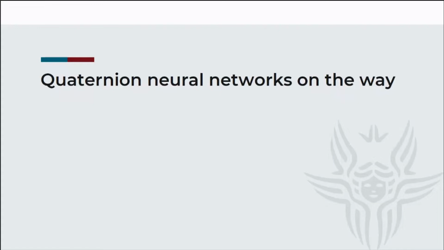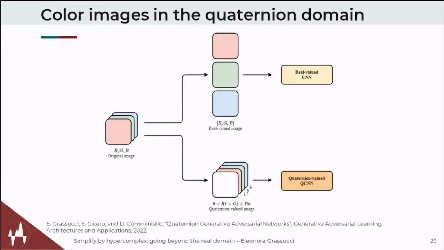Let's see some examples of quaternion neural networks, for example, in processing RGB images. Color images typically have 3 channels, red, green, and blue, that are processed as separate entities in real-valued convolutional neural networks. Suppose that we have a pixel, and that pixel represents the color purple. The color purple is obtained by a combination of the red, green, and blue channels.